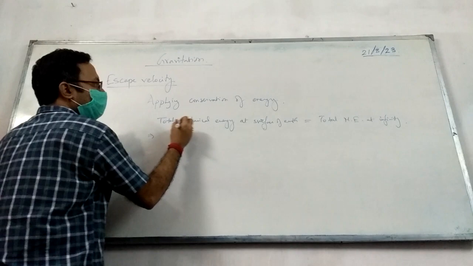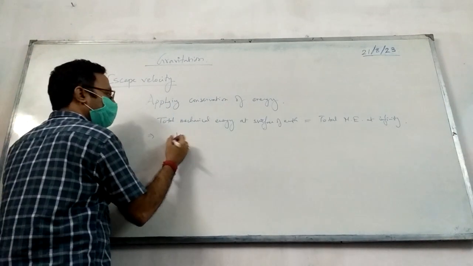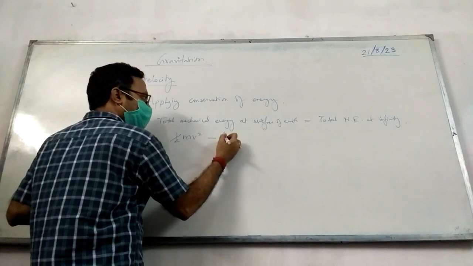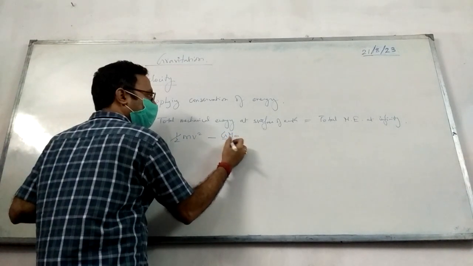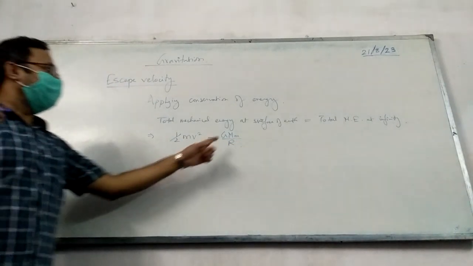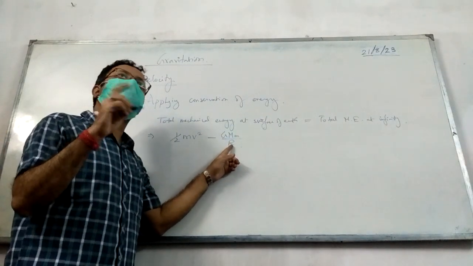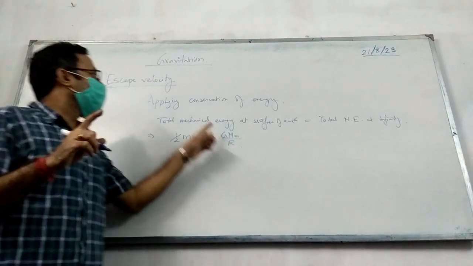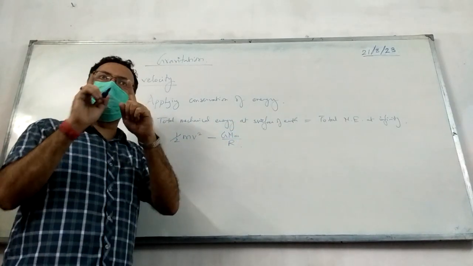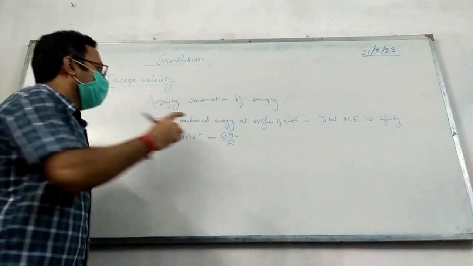So tell me, total mechanical energy from the surface of earth when you are throwing it, it is having both kinetic and potential energy, and potential energy is -GMm/R, right? Where capital M is mass of earth, small m is the mass of the object, and R is the radius of earth. क्यों? क्योंकि earth के surface से throw किया जा रहा है ना, तो the distance between the object and the earth is the radius of earth.